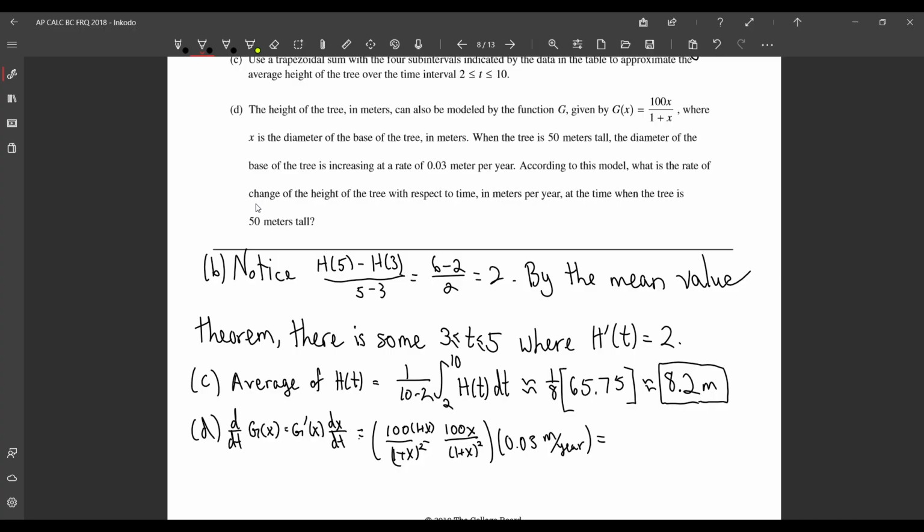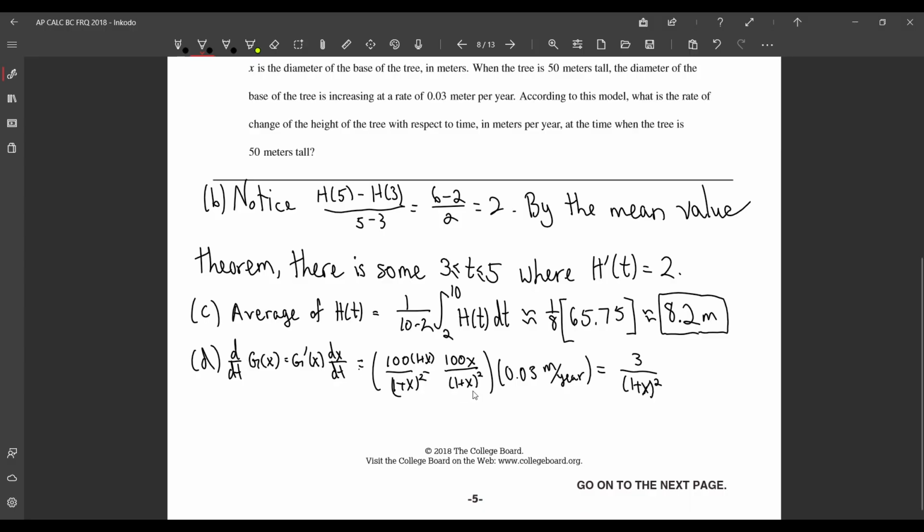This is, right, so this is 3 over (1 plus x) squared. The units should be meters per year, so I'm assuming g prime of x is unitless. That makes sense.